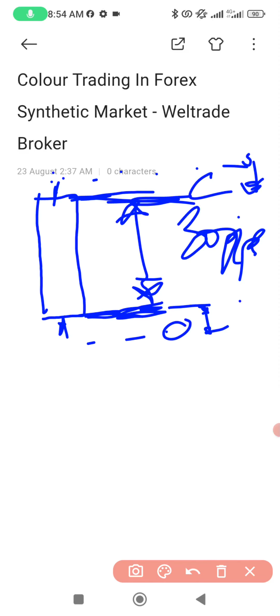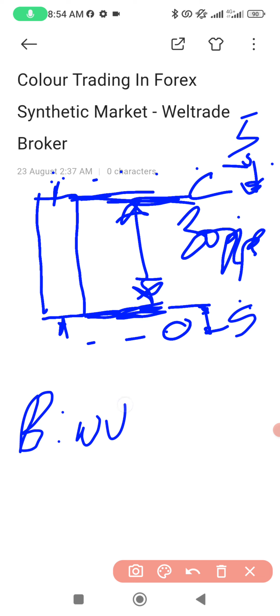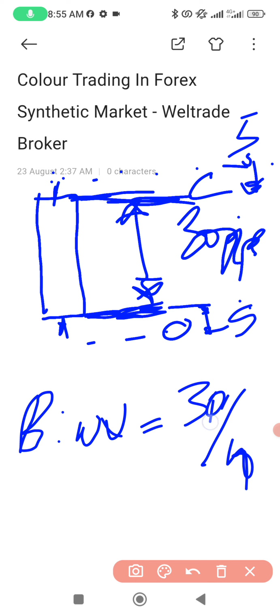Let's assume that this one is 5 pips, this one is 5 pips, this one is 5 pips, and this one is 5 pips approximately. Let's assume they're almost equal. It's possible. So when you add 5 plus 5, 10, the BW ratio, body to wick ratio, will now be 30/10, which equals 3.